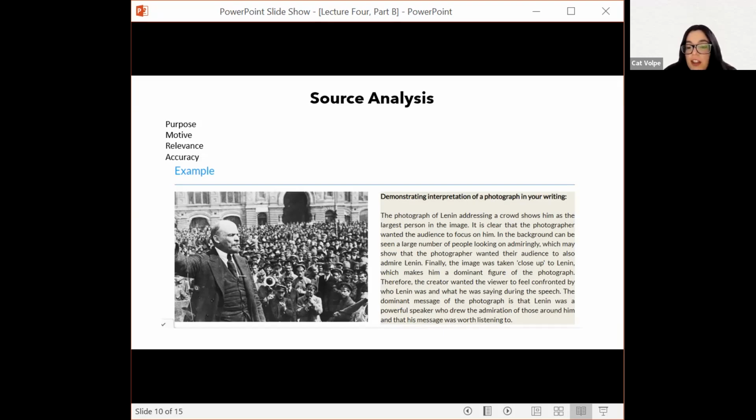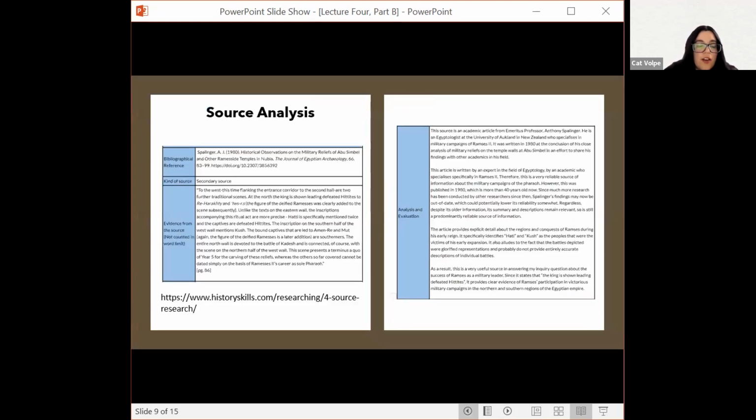To assess the accuracy, you can ask, was the creator of the source around at the time of the event being portrayed, because they were there in the moment? Can the information in the source be supported by other sources? So do we have other sources that can back up what we're finding in a particular source? And are there clues of bias that may say it's inaccurate? So if we go back to this example here, we can see that this one was written by a professor, so the accuracy is more than likely true.